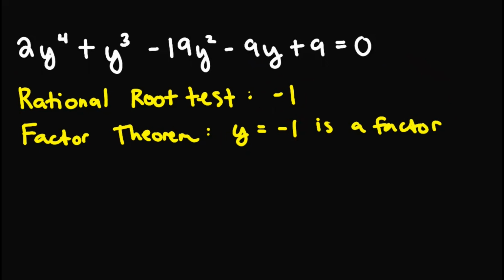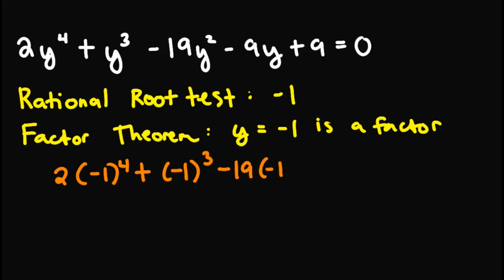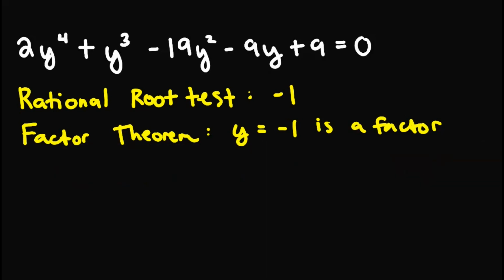So you'll have here 2 times negative 1 raised to 4 plus negative 1 cubed minus 19 times negative 1 squared minus 9 times negative 1 plus 9. And upon simplifying this, this must be equal to 0. So basically that's the factor theorem. And so we know that y equals negative 1 is a root. If we try to apply the rational root test, we'll just simply repeat this process. But for this one, what we'll do is after finding one root, which in this case is y equals negative 1, we will apply synthetic division.